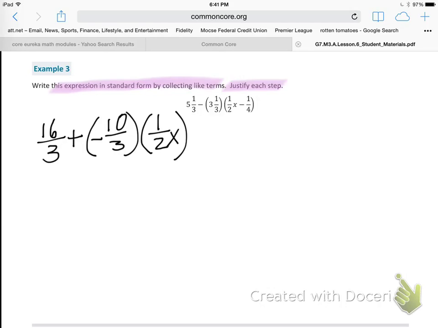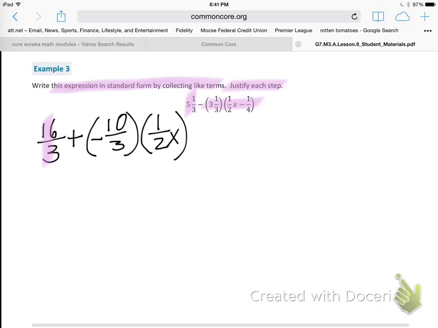Okay, so hold on a second. Let's re-look at this. I needed to look at this a little bit more closely, but we actually have two expressions here. We have 5 1/3, which is now represented as 16 thirds. Then we're subtracting all of this, but we're going to add it as negatives. And this whole thing we're going to distribute eventually.